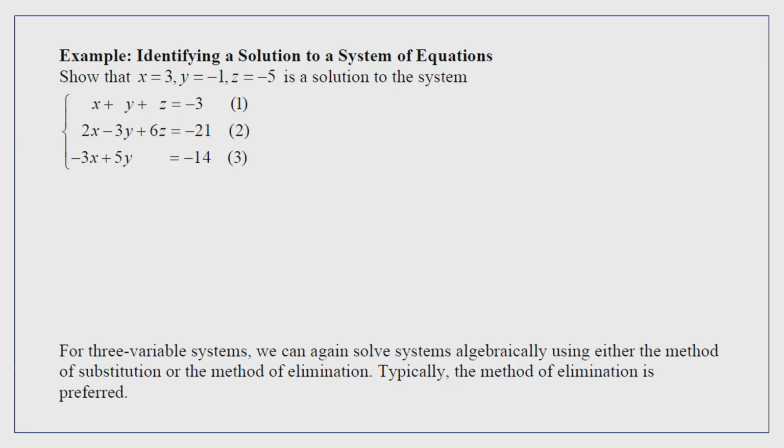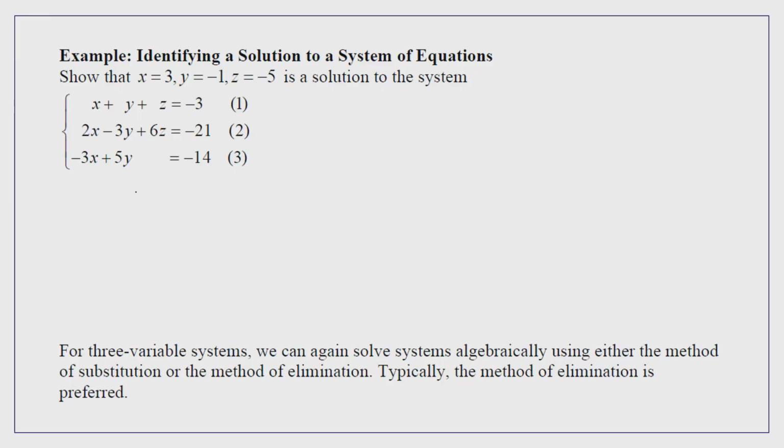So this is a 3 equation system. We are going to substitute each of these coordinates into each equation to determine whether it makes that statement true. If it does, then we know it's a solution to that equation. Now it has to be true for all 3 equations in order for it to be a solution for the whole system.